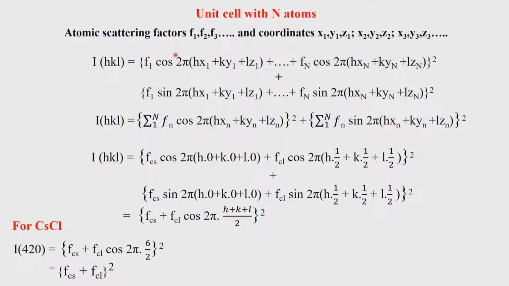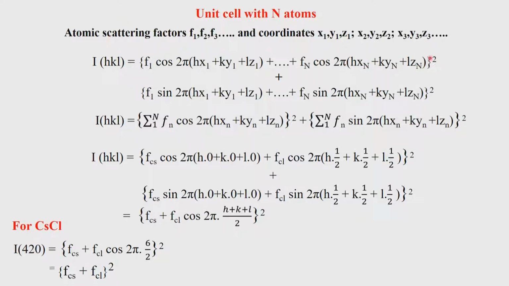This is the phase change, which we have already calculated to be 2 pi times Hx plus Ky plus Lz. The atom is at x1, y1, z1, so we get this first term as F1 cosine 2 pi Hx1 plus Ky1 plus Lz1, plus etc. for the second, third, fourth atom until the nth atom, Fn cosine 2 pi Hxn, Kyn, Lzn, whole square.